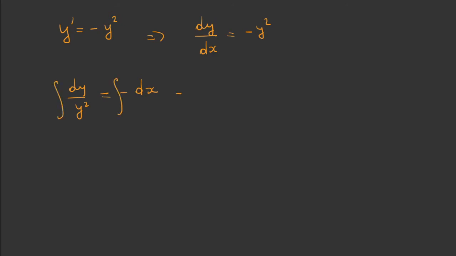The integral on the left-hand side will equal negative 1 over y. The integral on the right-hand side is negative x plus a constant c. And we can easily solve this equation for y to obtain y equals 1 over (x minus c).